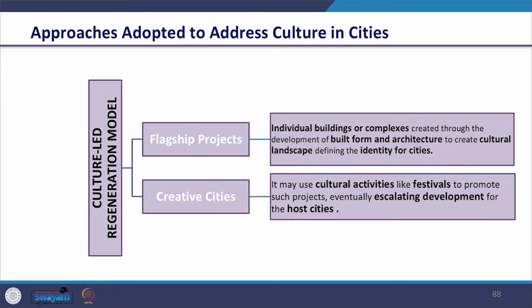It may use cultural activities like festivals to promote such projects, eventually escalating development for the host cities. So, the idea was that such activities would happen and then the host city would eventually benefit from the economy of it. According to Miles, in his writing in 2005, this concept was also anticipated to provide cultural meaning to the place and community.